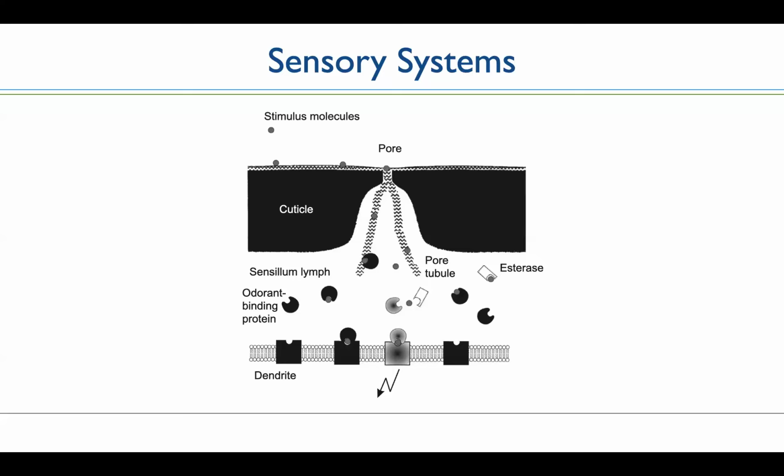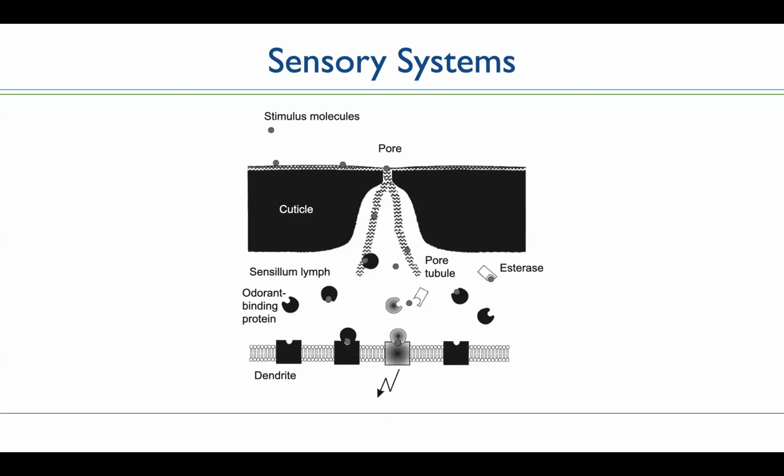So you have the molecule that passes through there. It's in the sensillum lymph, and what it does is it binds to an odorant binding protein. That odorant binding protein takes it to a specific olfactory receptor. And then from there, you get an action potential or depolarization event leading to that behavior from the nervous system. So just a very general kind of delivery system here, if you will.